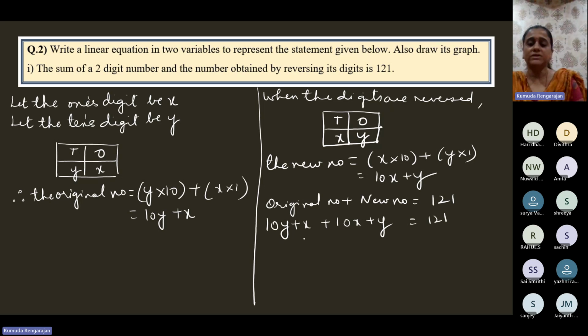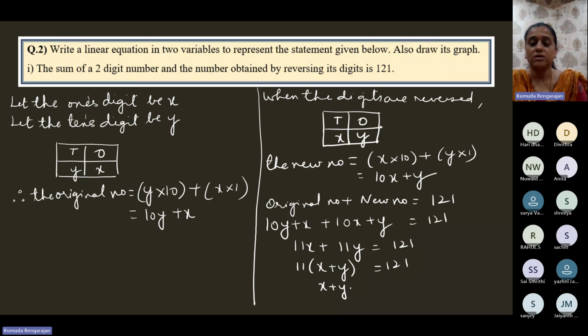So now 10x plus x is 11x, and 10y plus y is 11y, equal to 121. 11 common, 11 times x plus y is equal to 121. So x plus y is equal to 121 divided by 11, which is 11.